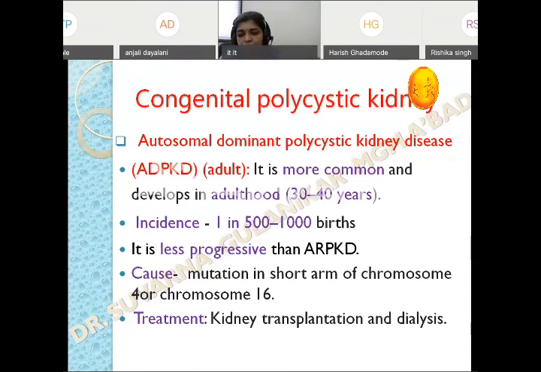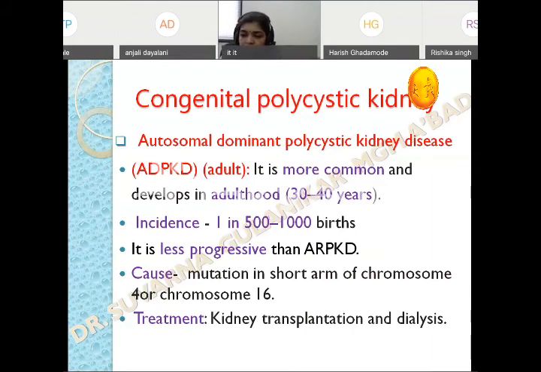It does not progress as fast as ARPKD. The cause is mutation in the short arm of chromosome 4 or chromosome 16. In both cases they land up in renal failure, so the ultimate treatment is either dialysis or kidney transplantation. So this is PKD, polycystic kidney disease.